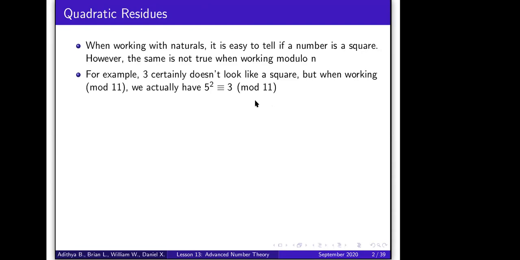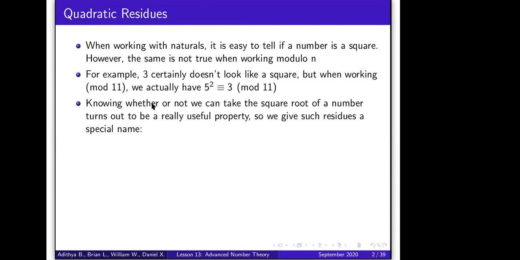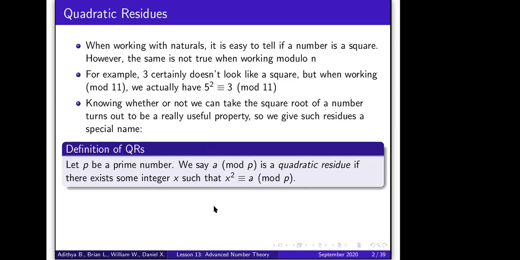This motivates us to define the squares inside a certain modular class. It can be really useful to know whether or not we can take the square root of a number in a certain mod. So we give these squares a special name, namely quadratic residues.